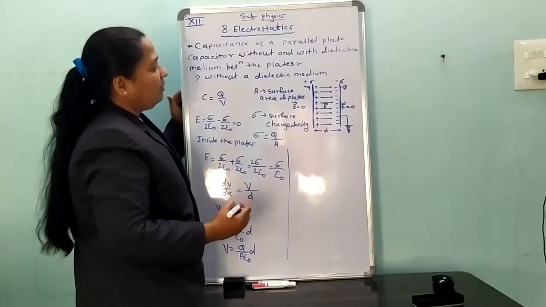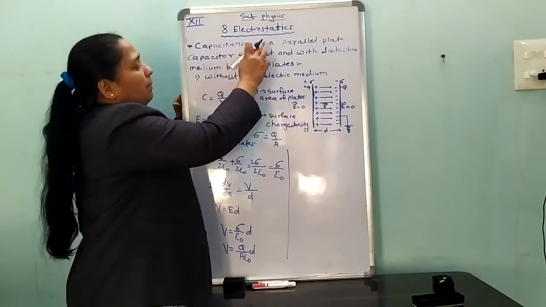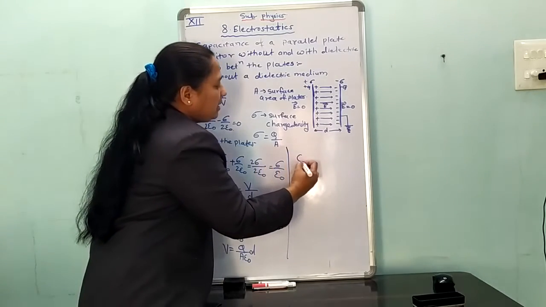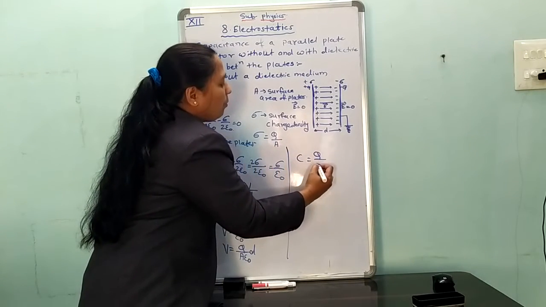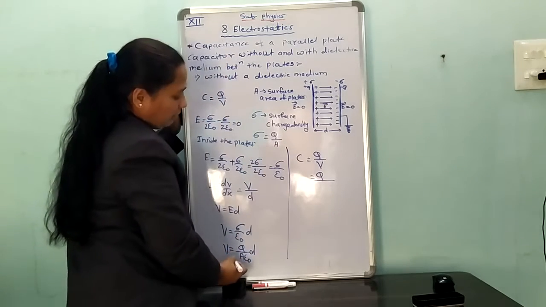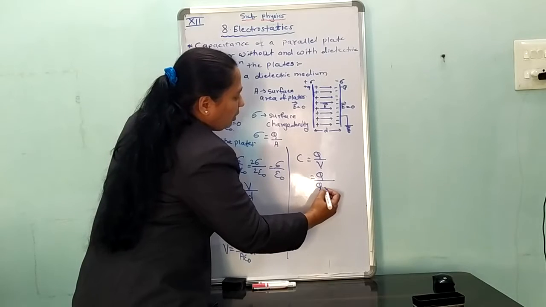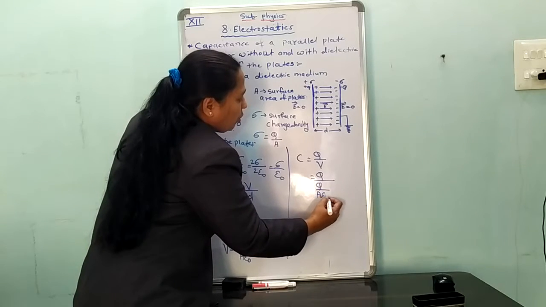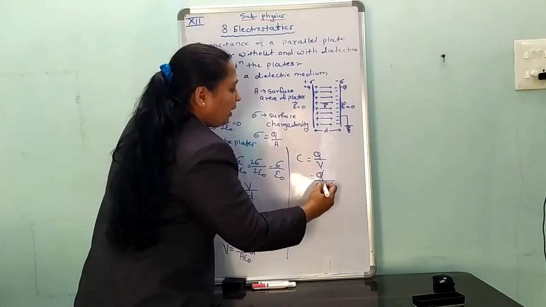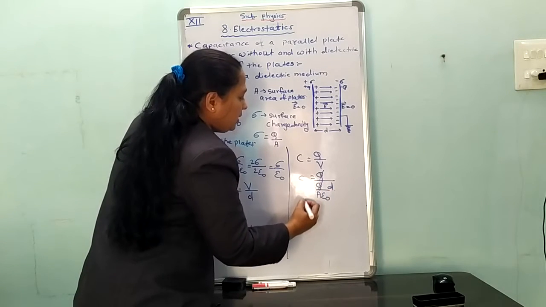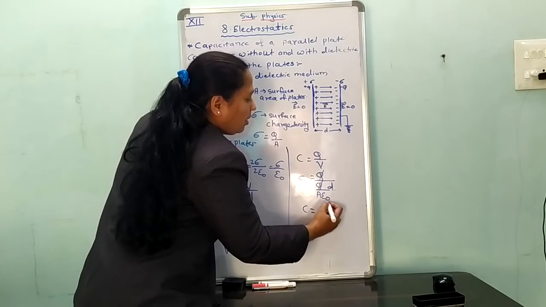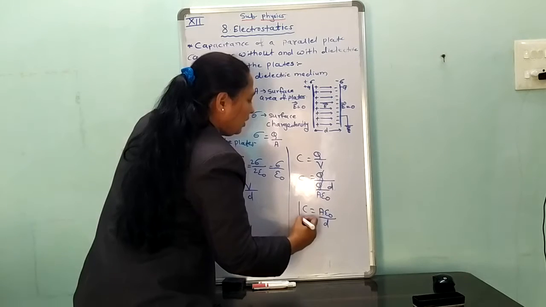By the definition of capacitance of the parallel plate capacitor, now calculate the formula. C is equal to Q upon V, and V is Q d upon A epsilon 0. Therefore Q gets cancelled. Hence, C is equal to A epsilon naught upon d.